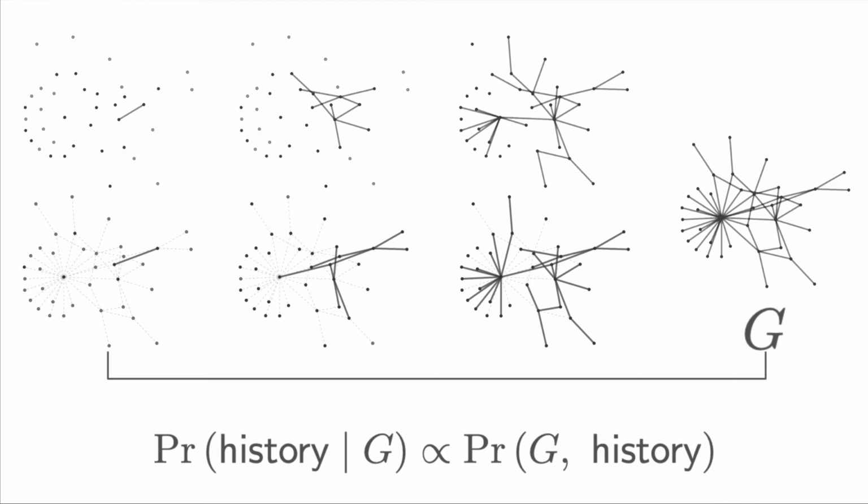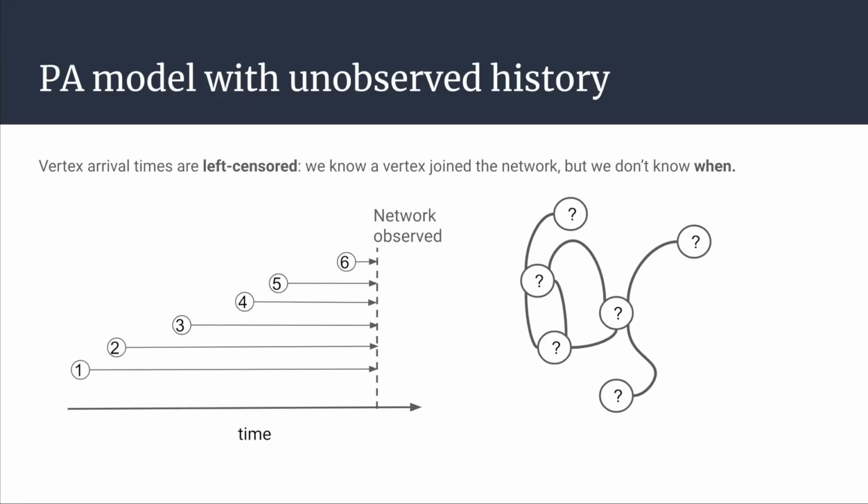Okay, and it turns out that preferential attachment is well suited to this. And the reason for this is that it's particularly well suited to the type of missingness that the vertices have. So in general, vertex arrival times are left censored, i.e. we know that a vertex joined the network, but we don't know when. Okay, so if you're familiar with survival analysis, then you may be familiar with this type of censoring, and this diagram just illustrates this property.